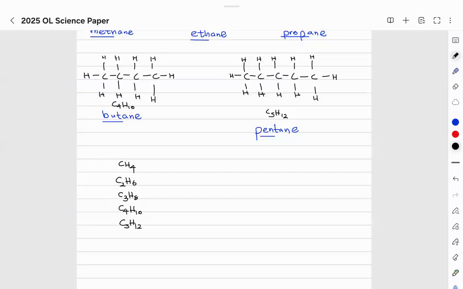The nth term, you know the nth term in arithmetic progression. Can you suggest that? Use your maths knowledge. Suggest a common formula for the nth term in the alkane series. What is the nth alkane? Yes, correct. Razin, you are correct. Very good.